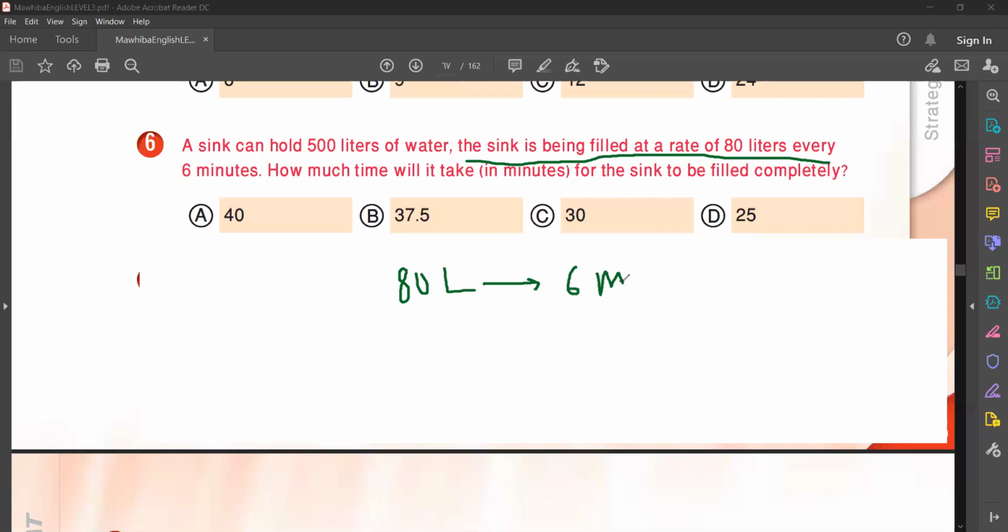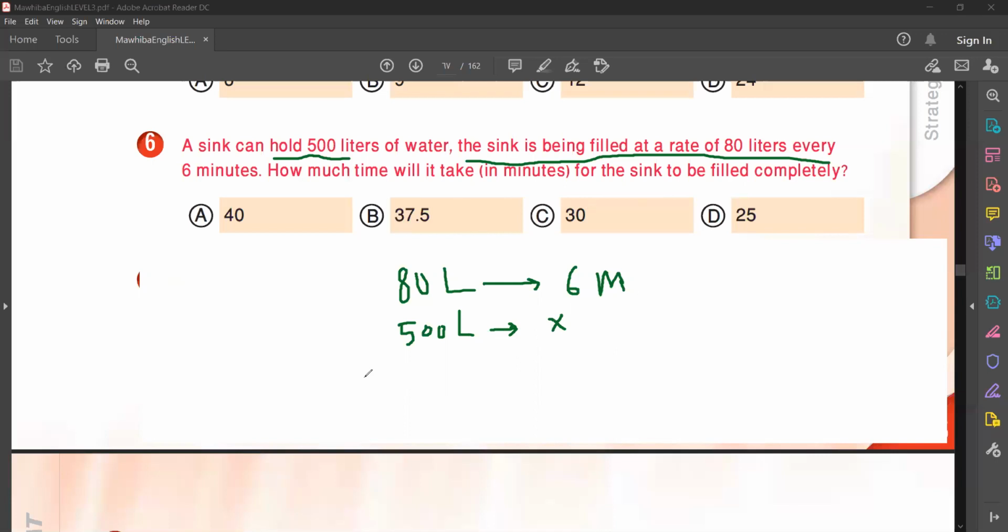Then he said a sink can hold 500 liters of water. We want here 500 liters. How much time will it take in minutes for the sink to be filled completely? So we put it here, X.